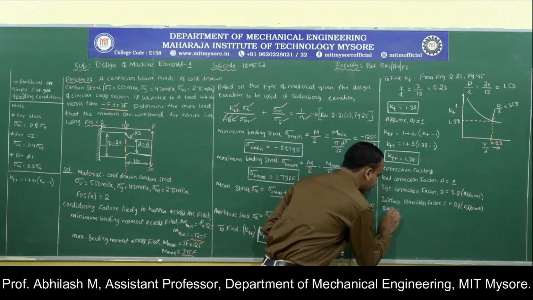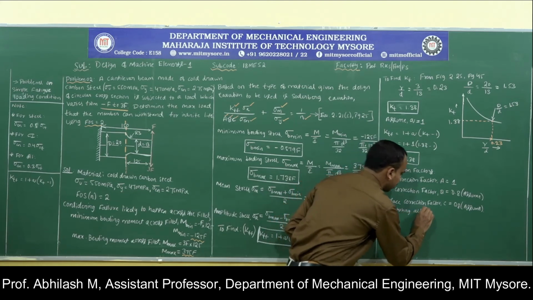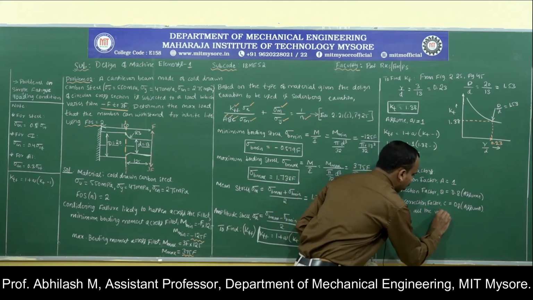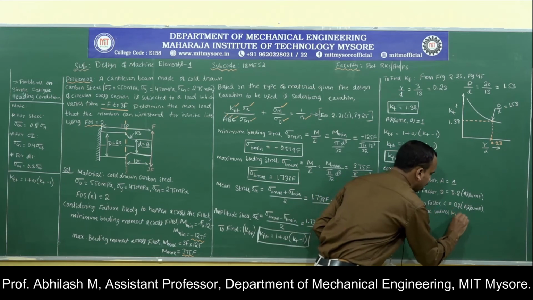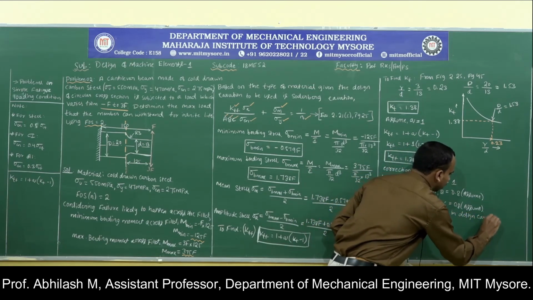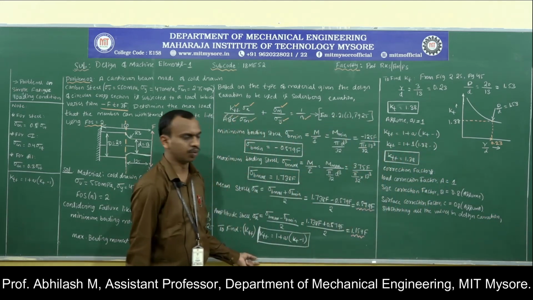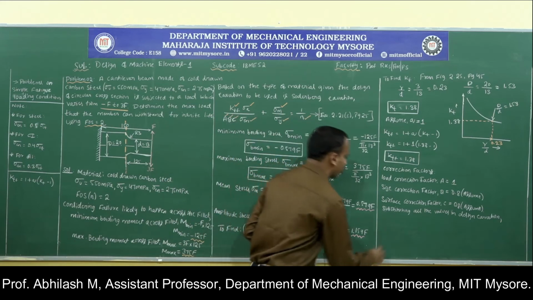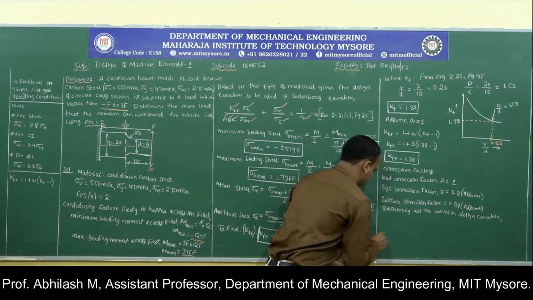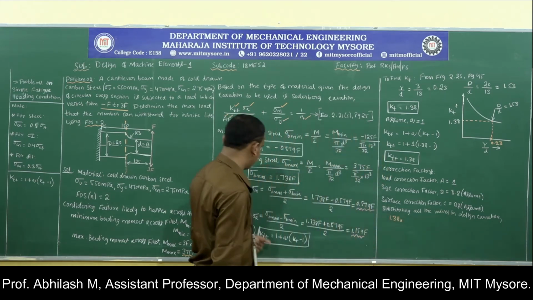Substituting all the values in the design equation: the KTF value is 1.38, into what is the sigma A value?